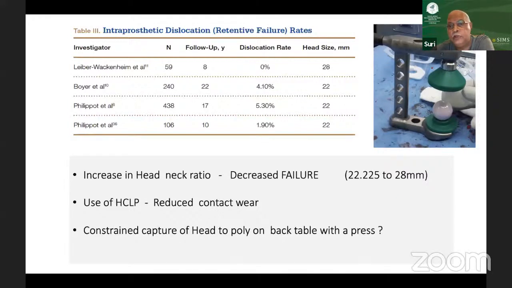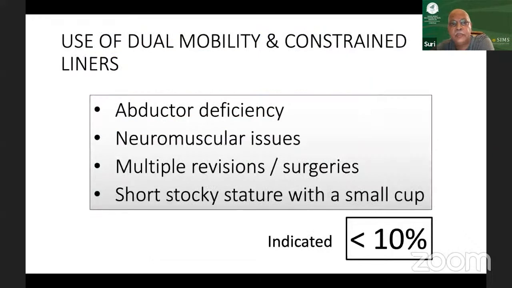Unlike the bipolar, you can't push it in with your thumbs; you need a back table to press it down and push it in. So that is the element of increased peripheral retention being given. This design change, the constrained capture of the head to the poly with the back table pressure, is a good addition and keeps it really constrained. And if the polyethylene quality can support it, probably we will minimize this incidence.